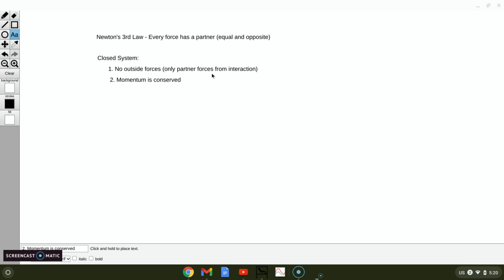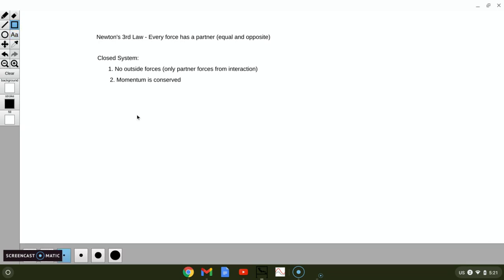It's only the partner forces from whatever interaction is happening. And the thing with a closed system is that momentum is conserved. Now I'm going to show you what that means here in just a second. But we're going to be talking about how these forces produce a closed system.